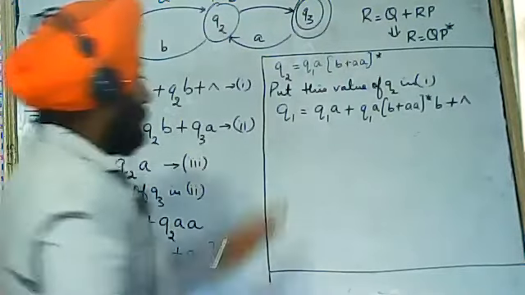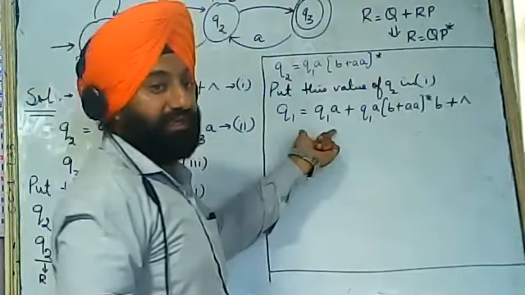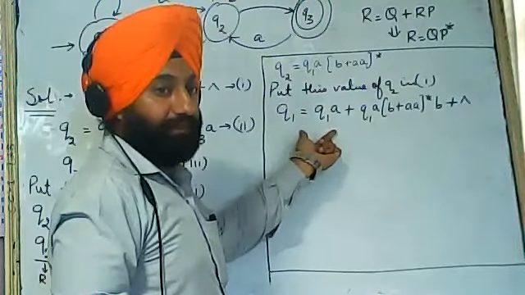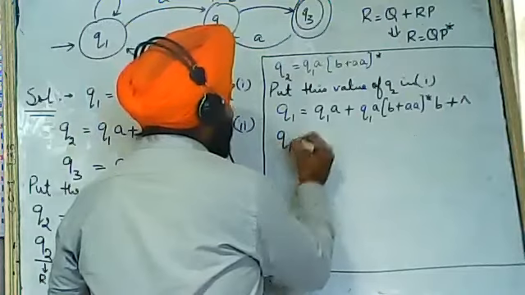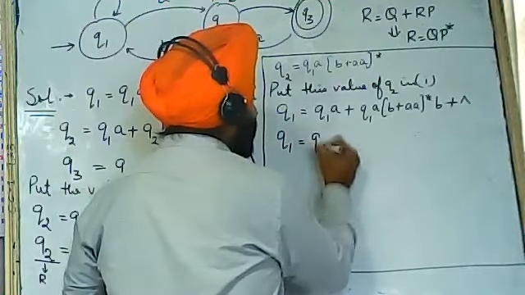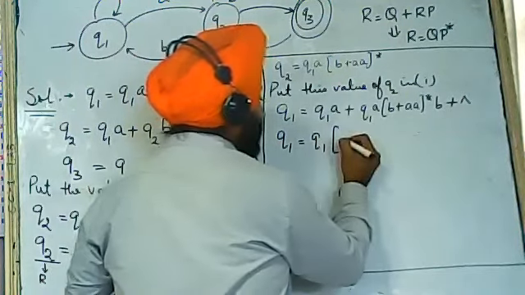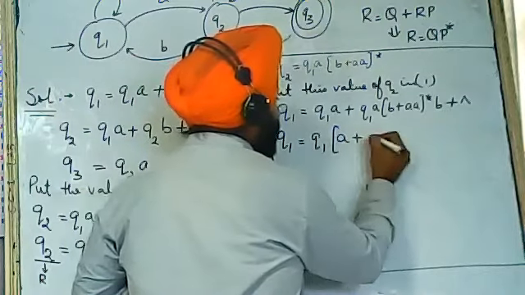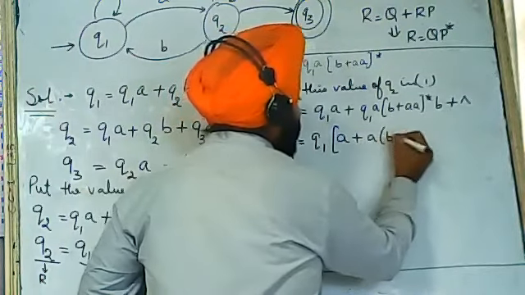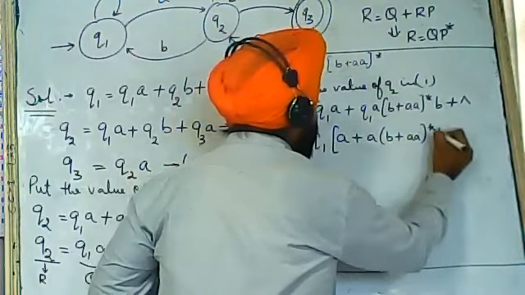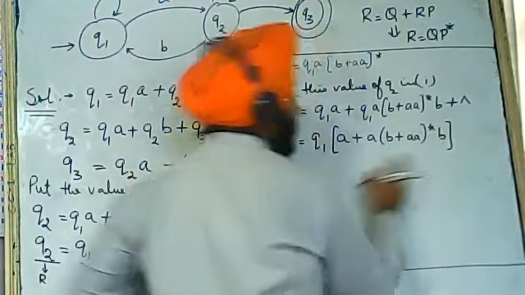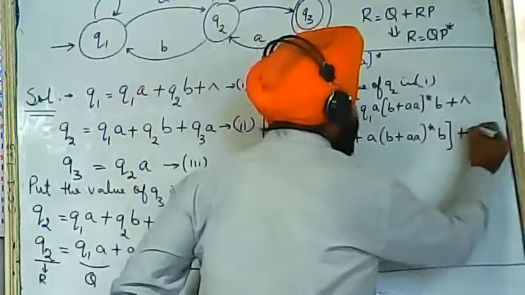Now check if there is any term which can be taken as common. Yes, so Q1 will be taken as a common term. What is left inside? A plus A, B plus A whole star, B, the square bracket will be closed, and this null.